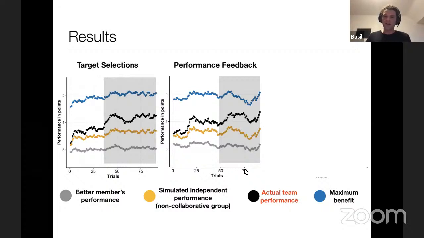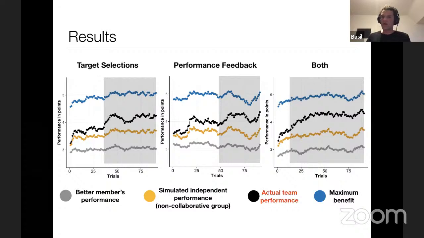Then for the second experiment, when you have performance feedback, it also takes several tries to attain a collaborative benefit. Now, interestingly, if you have both types of information available, you attain a collaborative benefit much more quickly. So you can use both types of information, the target selections and the performance feedback, together to more quickly devise labor division strategies.